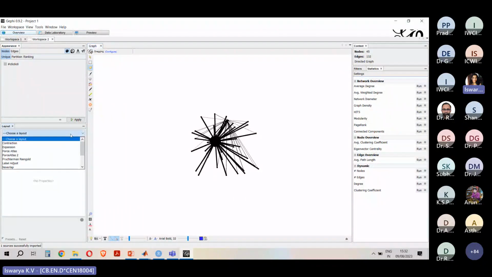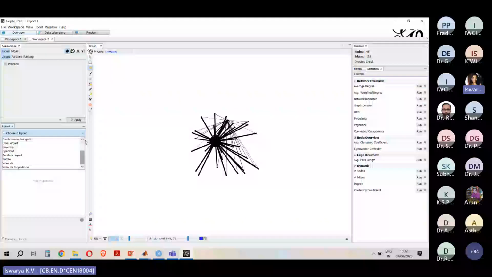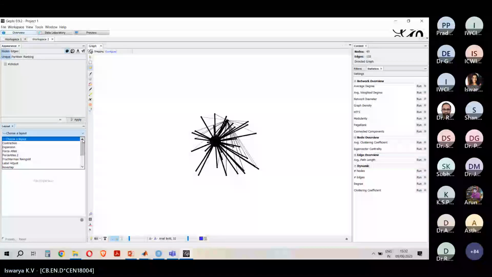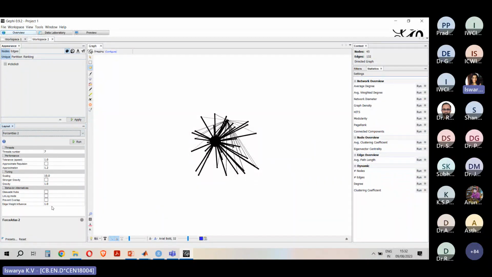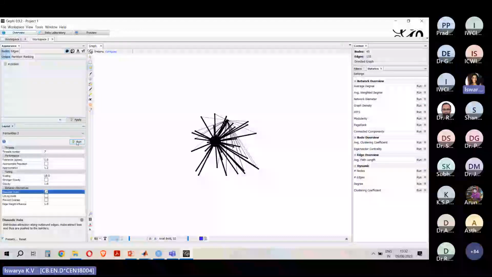Now, in Gephi, you will come across a number of layouts. If you're planning to use Gephi, a preliminary analysis of which of these layout methods is more suited to your data is advised. Here we will be going with ForceAtlas 2 because we are familiar with the sort of dynamics that we have over here.